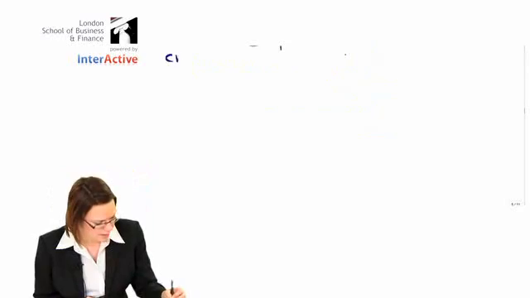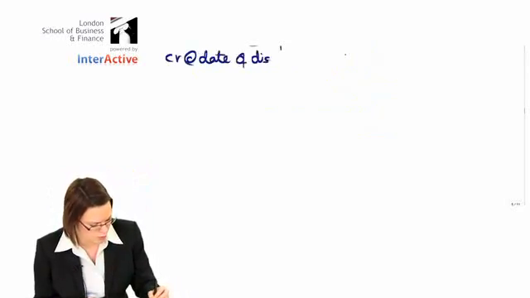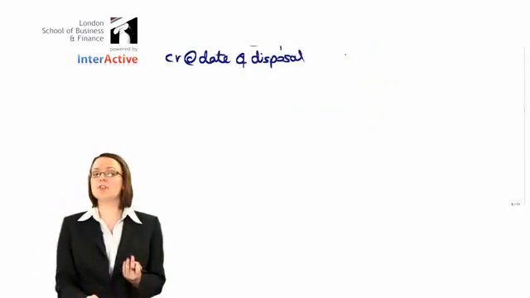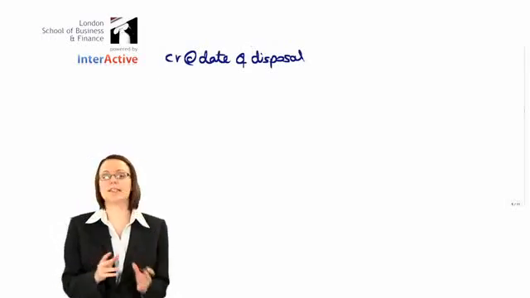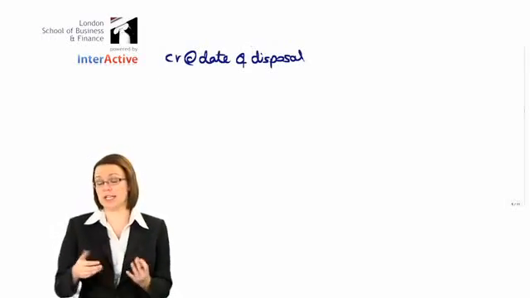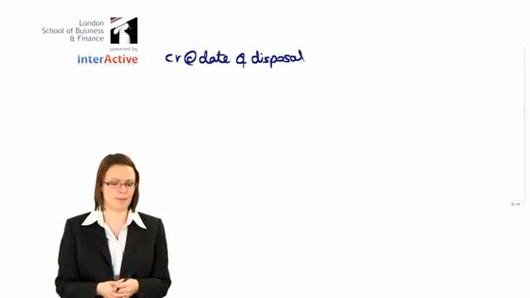So, carrying value at date of disposal. What we're going to have to do is work out the carrying value using that little list that we did in earlier chapters, particularly when we looked at depreciation.